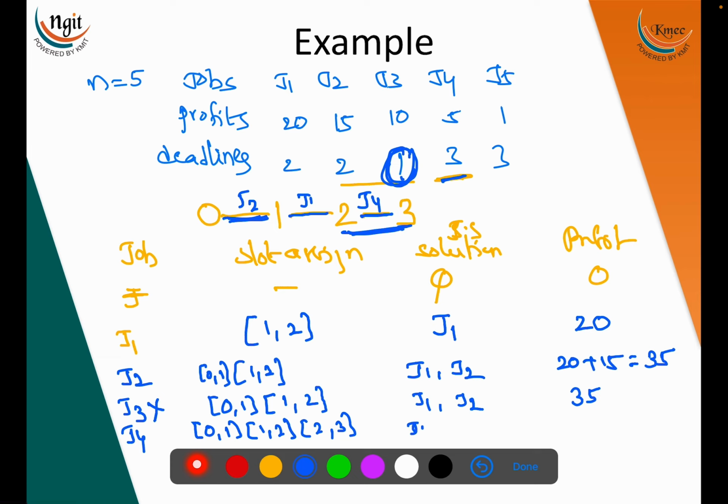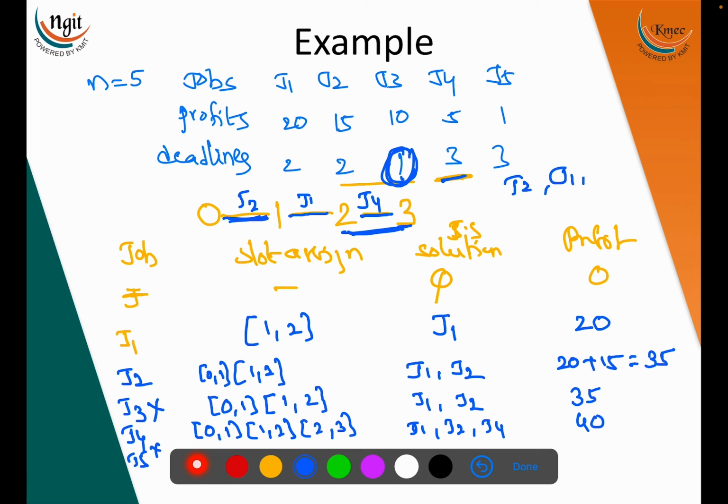Now the processing is J1 comma J2 comma J4. The profit value is 40. Now there is one more job left. If I consider that job, there is no slot vacant to accommodate it, so naturally it is rejected.